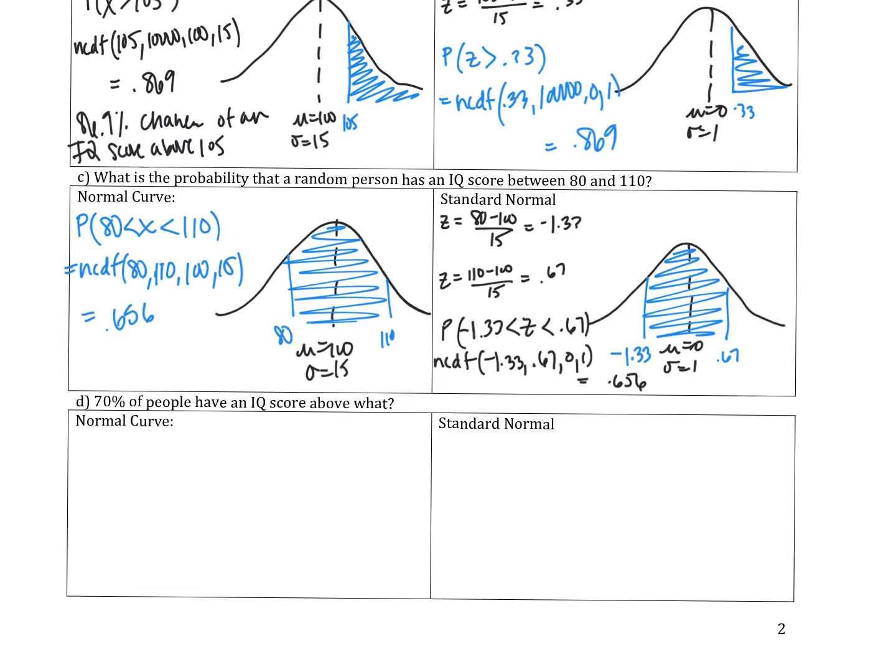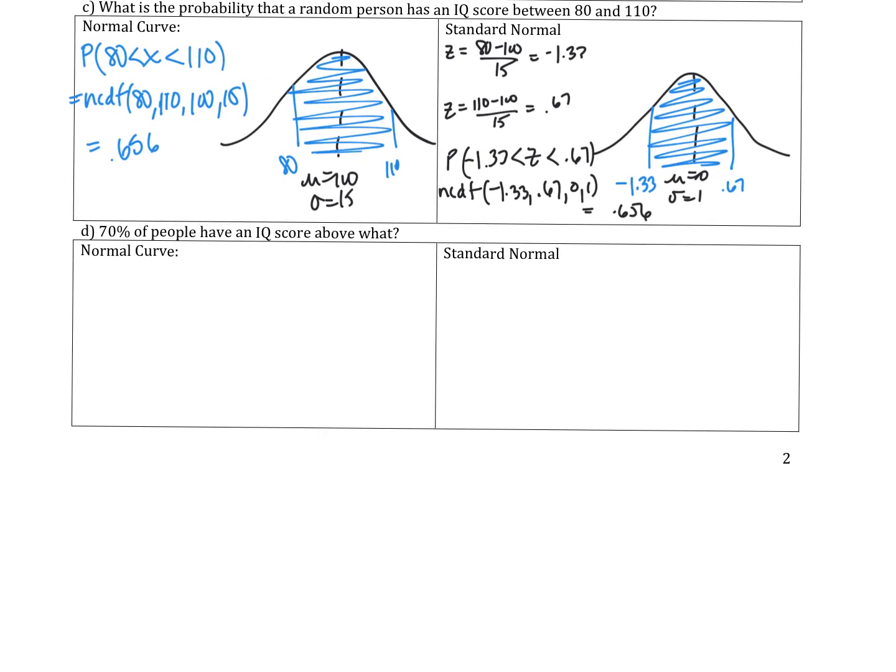This question is different because notice up here it's asking about probabilities. Down here it's telling me I have 70% of people above what score. So this is using the other function because now I want to find that value that marks off 70%. So let's draw our normal curve.